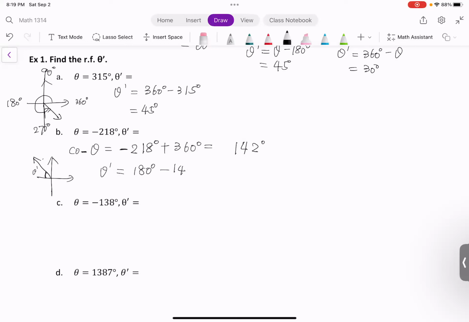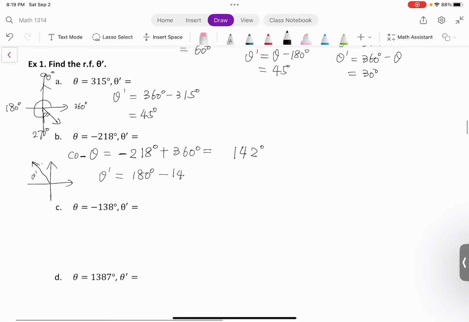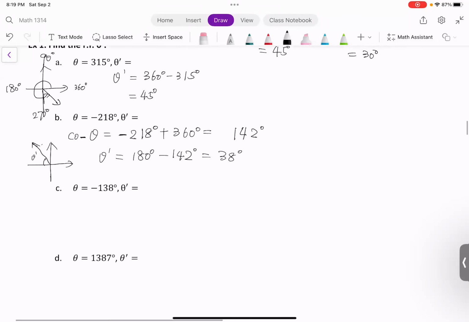So from the initial side, subtracting 142 from 180, I get theta prime, the reference angle. All right, let's find theta prime. Use 180 minus 142. So that's 38 degrees.